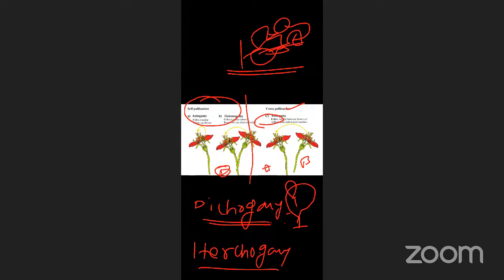In hercogamy, what is given there? Stamens and stigma of a bisexual flower are arranged at different positions. The best example you already know. Do you know the hibiscus flower? Yes, sir. If you see the hibiscus flower, for example, this is the hibiscus flower.